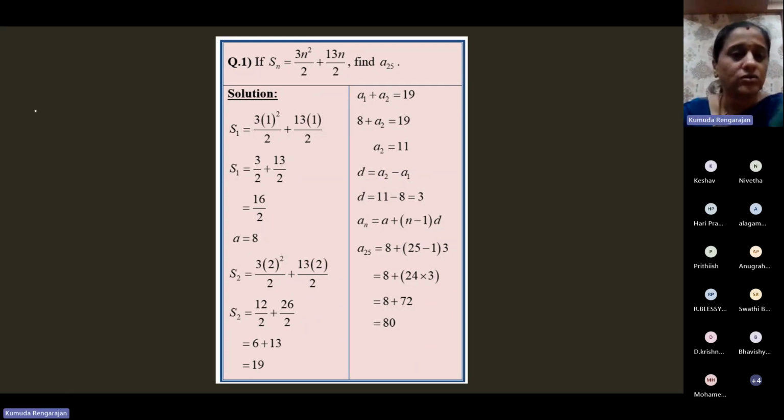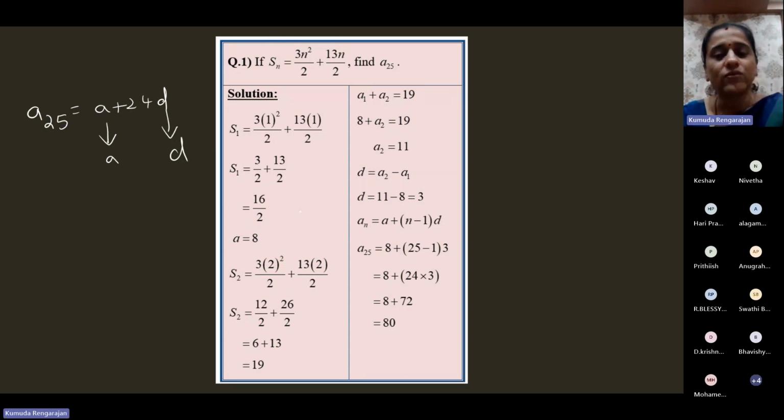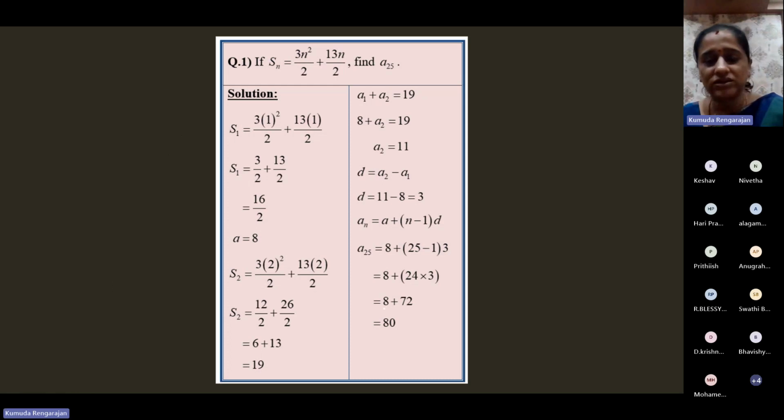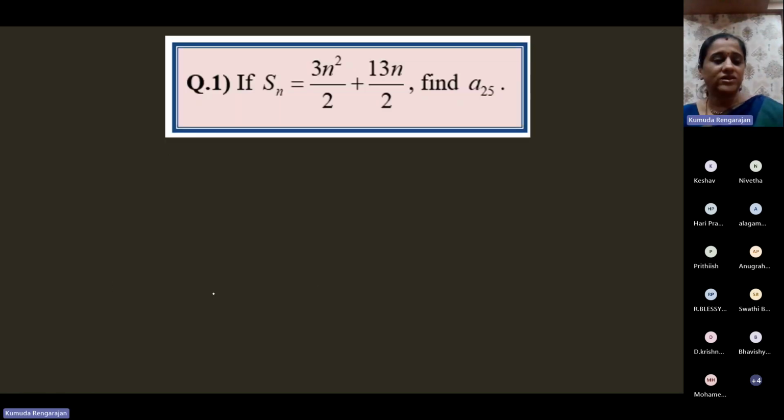So A25 is A plus 24D. You need the value of A and the value of D, so we first find the values of A and D, and then we find A25. This is the method you see here. We'll see an alternate method.